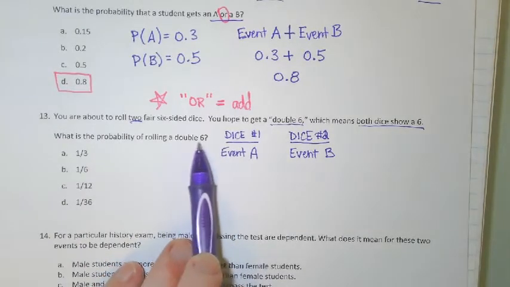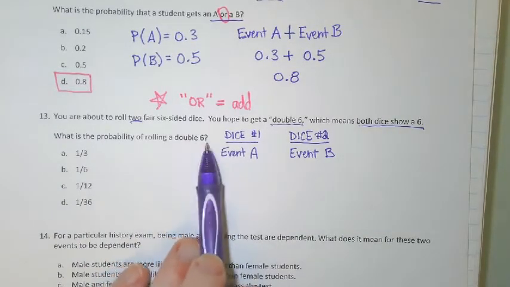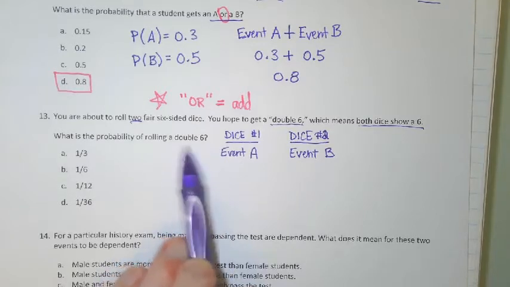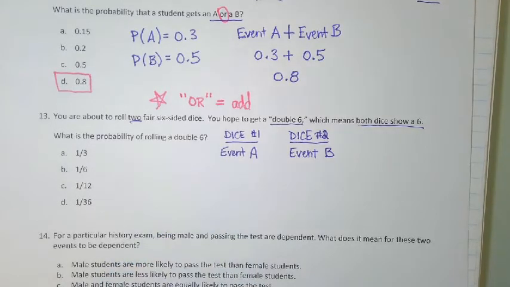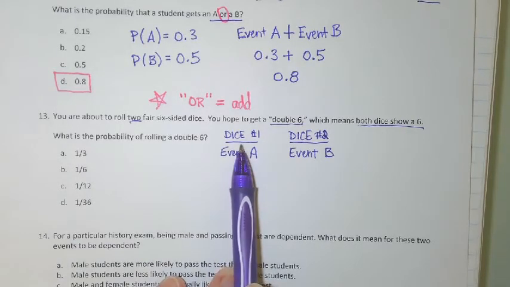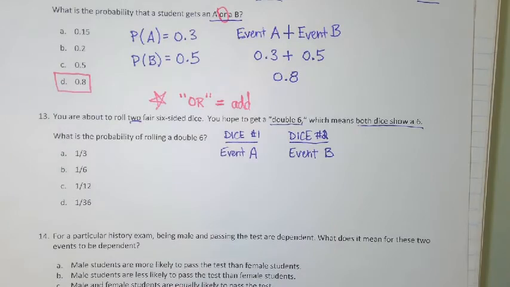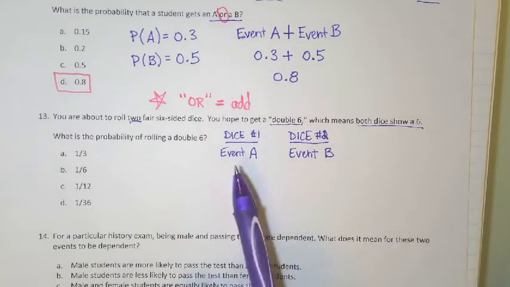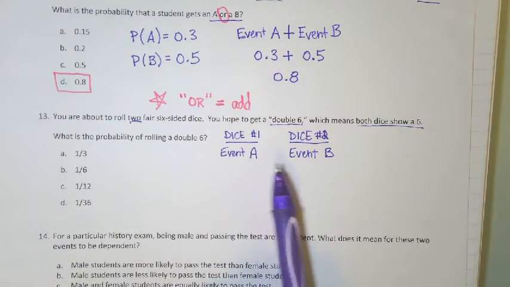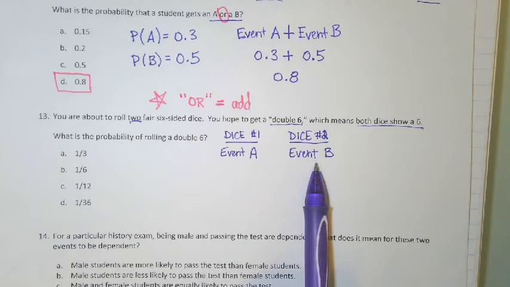Here we need both dice to land on 6 to get a double 6. So we're looking at what is the probability that dice 1 lands on 6 and that dice 2 lands on a 6. Or what is the probability of event A and event B occurring.